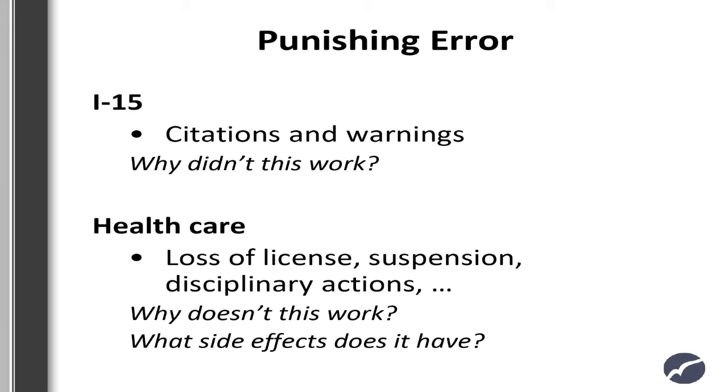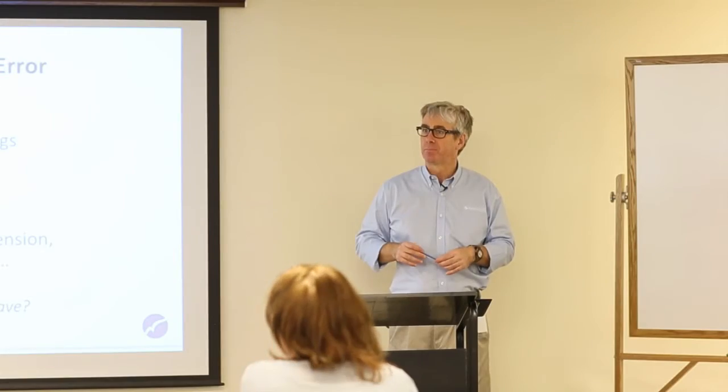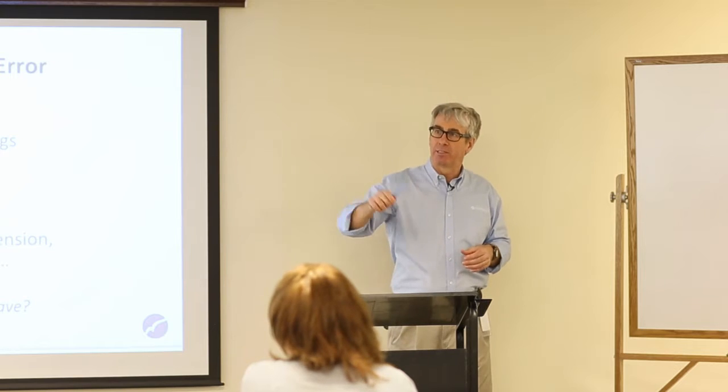We gave out citations and warnings, and it didn't work. Why not? It doesn't educate everybody else. You're asking people to change a behavior that was perfectly normal before. It was unintentional.